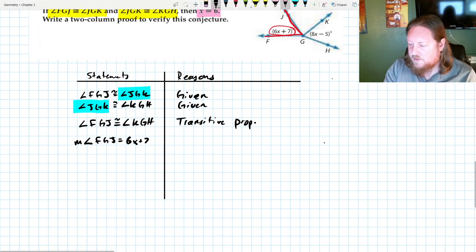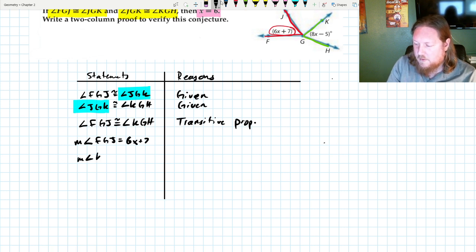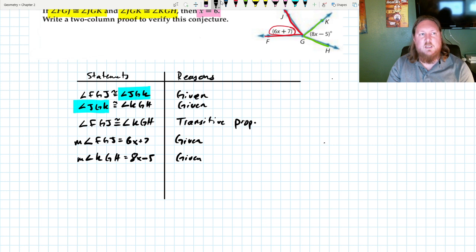And then I'm also going to say, I'll do it in green here, the measure of angle KGH equals 8x minus 5. These are also both given. This time the givens are not from the description in the problem, they're given from the image. But we don't need to tell where they came from. We don't have to say given in image or given in figure or anything like that. We just say it's given, because you can read it, it's right there.